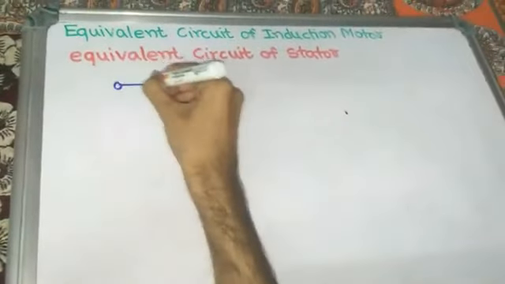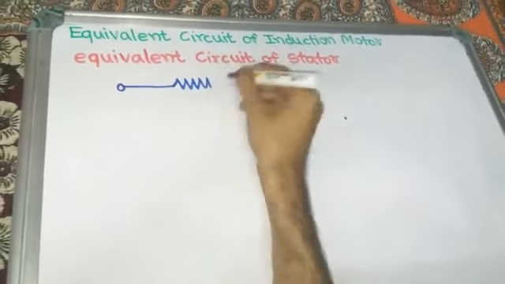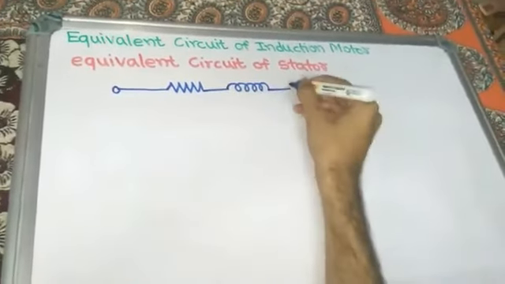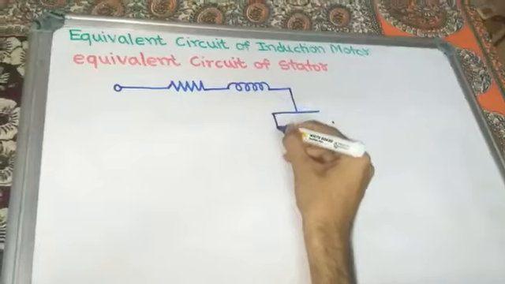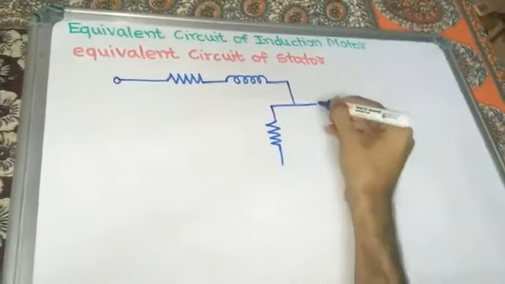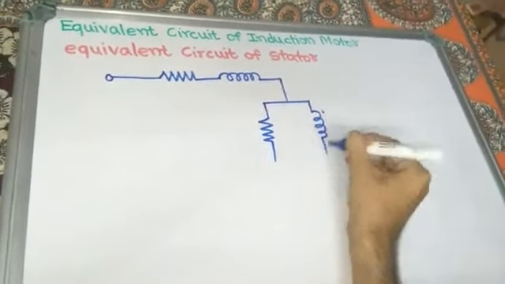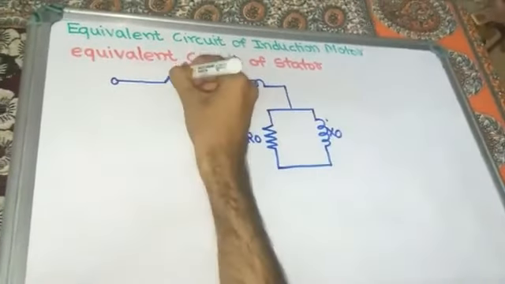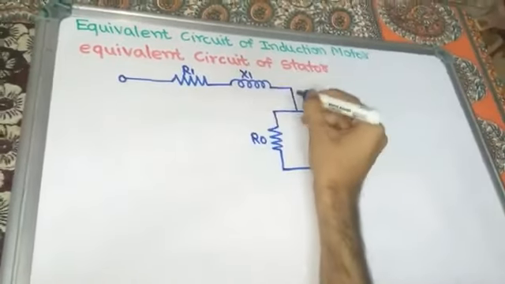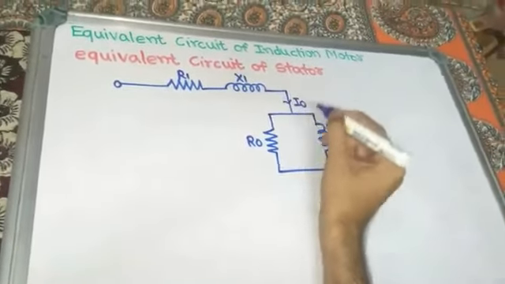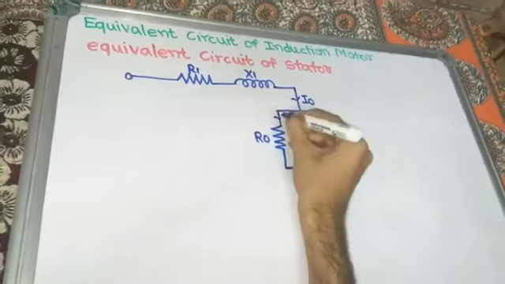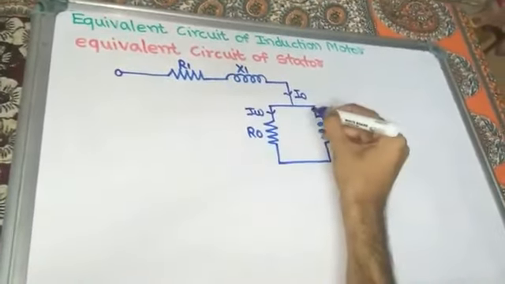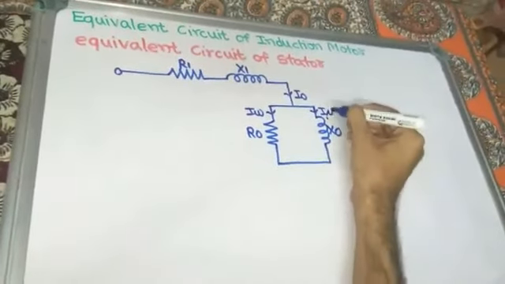See here, resistance R1, leakage reactance X1, and this is the shunt branch which we have seen in the transformer, R0, X0. The current flowing through the shunt branch is I0. The current flowing through R0 is Iw, and the current flowing through X0 is I mu.